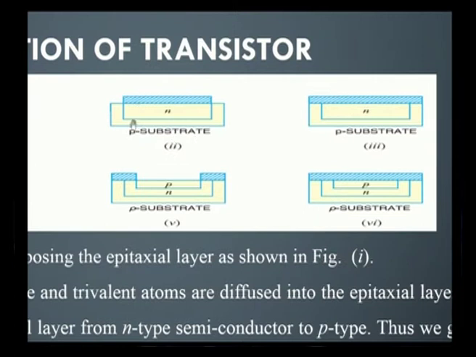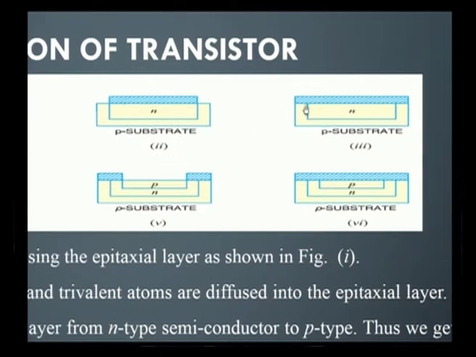The second step in the figure we can observe. After getting the N type material, we need to cover it with an insulating layer, so that we can avoid exposure of the N type material to the external environment. This is achieved by exposing the N type material to oxygen atoms, which combine with the silicon, forming a silicon dioxide layer.